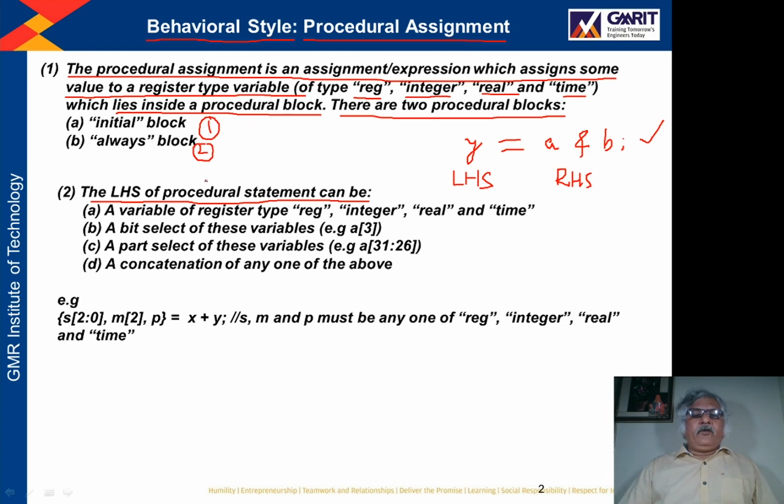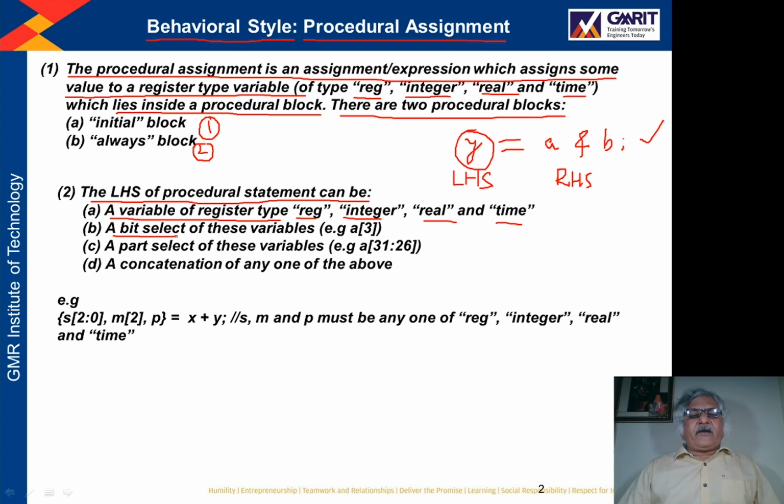So the left hand side of a procedural statement can be a variable of register type: reg, integer, real, and time. So this Y can be a reg type, integer type, real type, and time type.